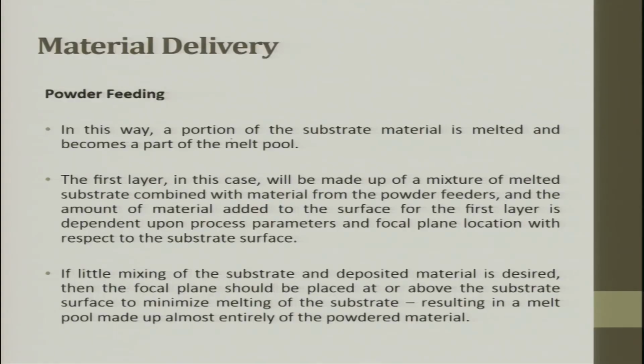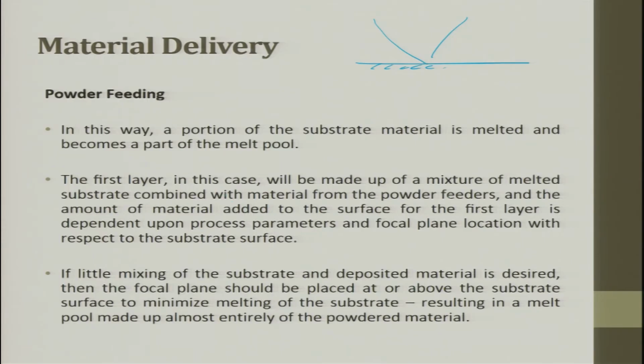In this way, a portion of the substrate material is melted and becomes a part of the melt pool. The first layer in this case will be made up of a mixture of melted substrate combined with the material from the powder feeder. So in one place it is all molten, now new powder is hitting.